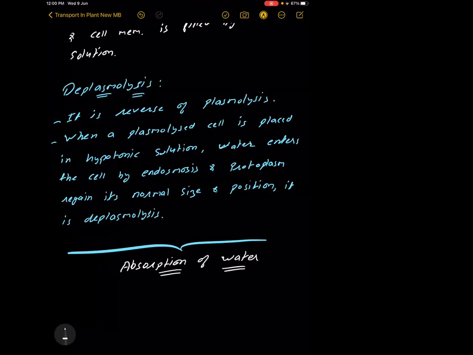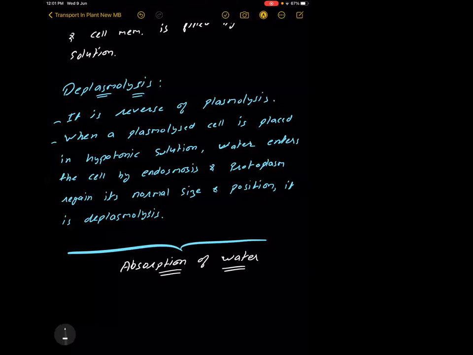Deplasmolysis means it is just a reverse reaction. Plasmolysis reverse. Okay, so if you place this plasmolysed cell, concentrated cell, in pure water or hypotonic solution, endosmosis starts, means water enters the cell. So if it enters the cell, again the plasmolysed protoplasm, contracted or concentrated protoplasm, becomes diluted.